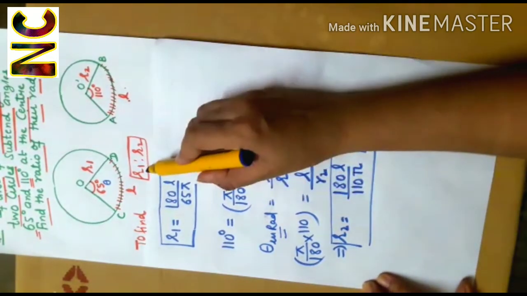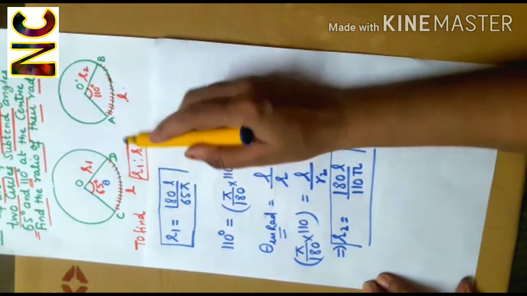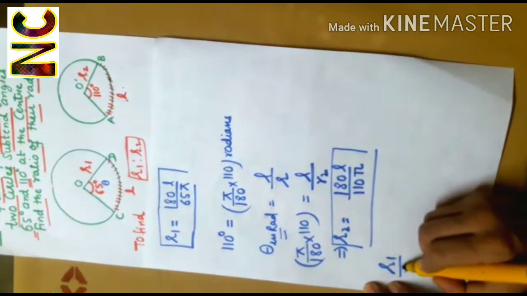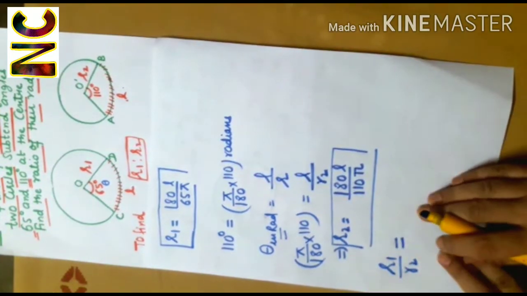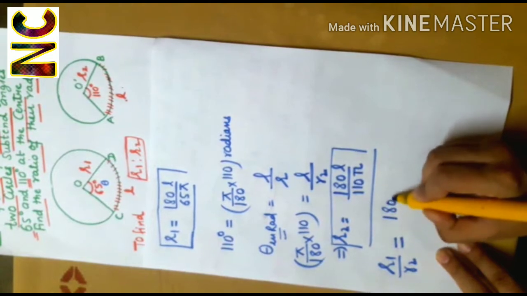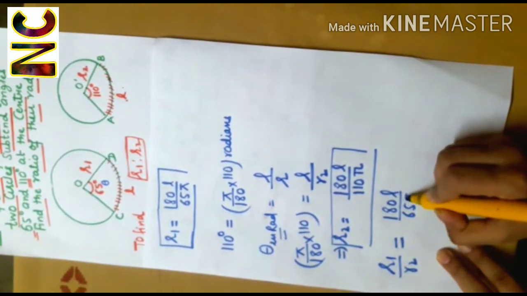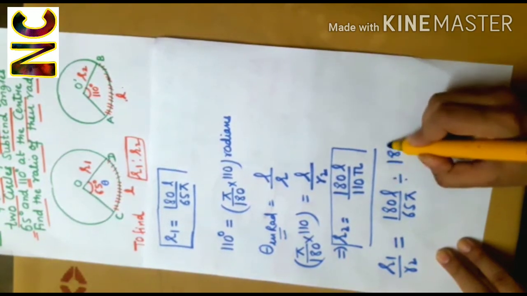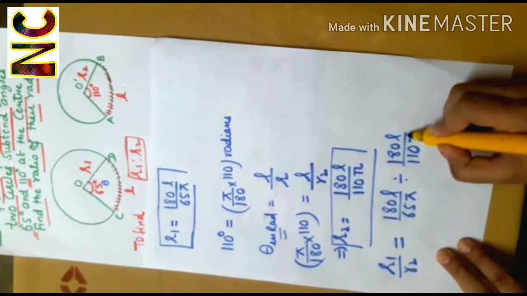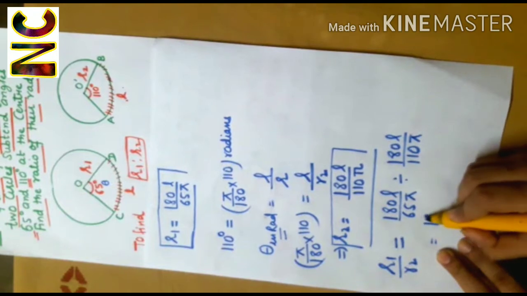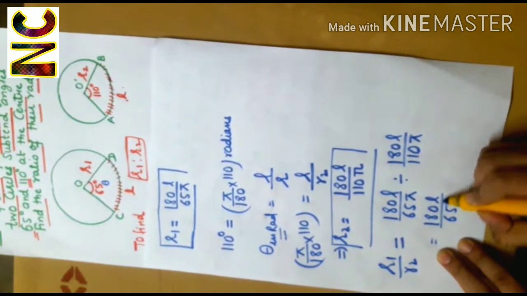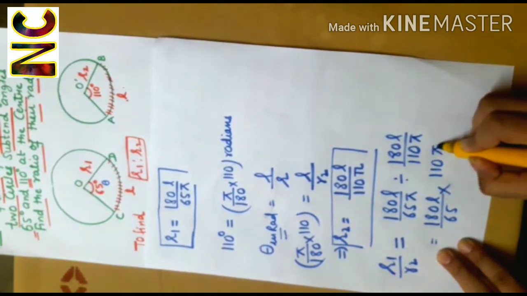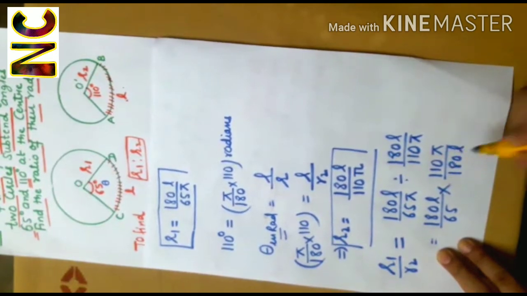Now we have to find out the ratio of R1 and R2. So R1 is to R2 will be equal to 180 L over 65 pi divided by 180 L over 110 pi, which is 180 L into this.